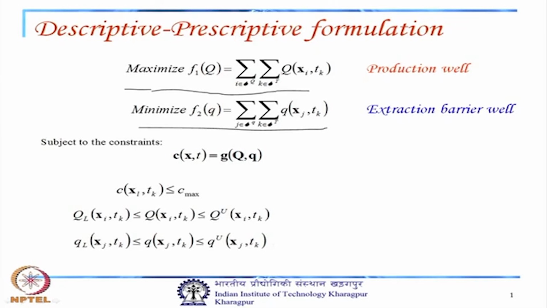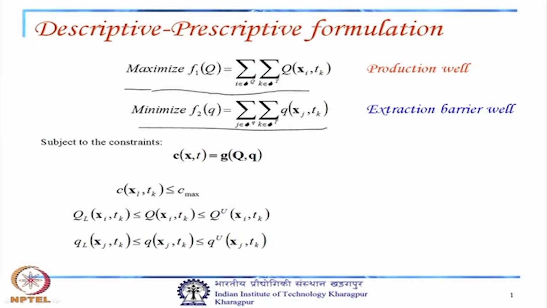So, this capital Q is for any x i location and T k is the time period. So, at any specific spatial location at any particular time period.